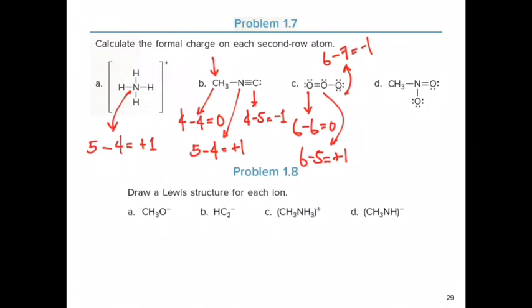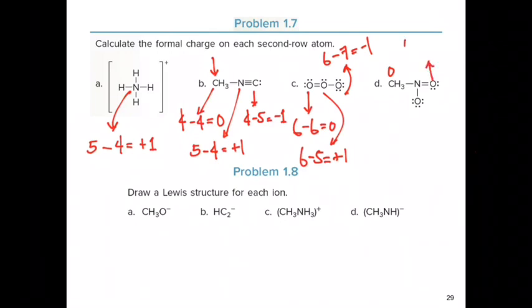And the last example here, let's look at this. This carbon is basically the same as this carbon right here, which would have a 0 formal charge. This oxygen right here is the same as this oxygen with a double bond, and the formal charge is also 0. So again, we can calculate that.